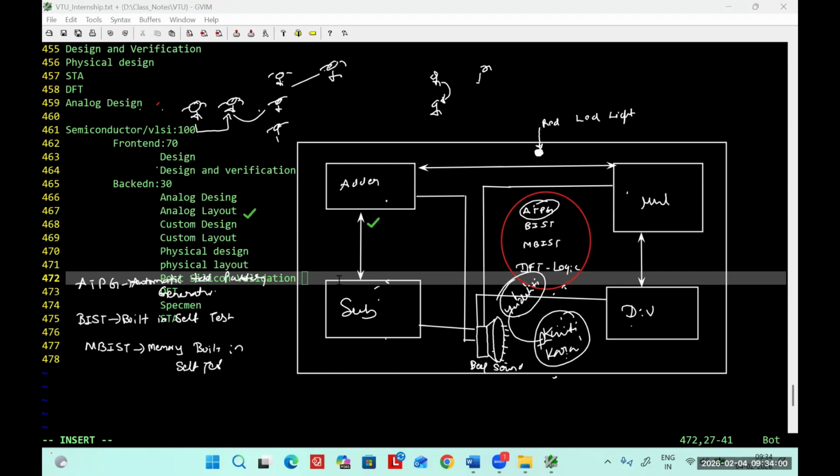Similarly, now I have manufactured this one. What do we call the earlier stage? Pre-silicon and post-silicon, meaning before and after.